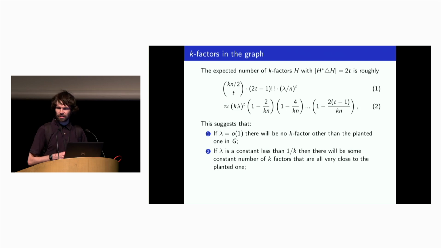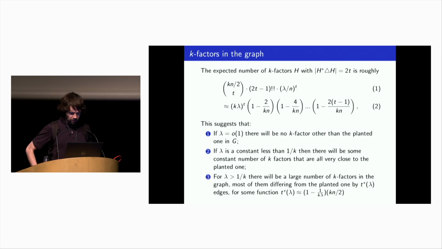So we should be able to find it up to some small amount of error. Now, for larger values of lambda, this expression reaches its maximum value for some T that's a constant fraction of n. So we'd expect that most K-factors in the graph will be some constant multiple of n away from the planted one, and thus that getting within a constant multiple of n of it is about the best that we can do.